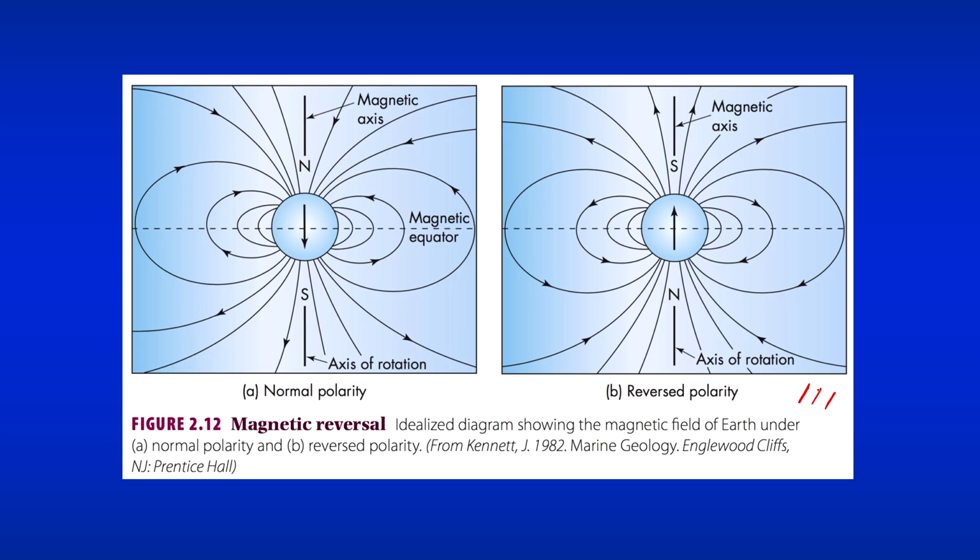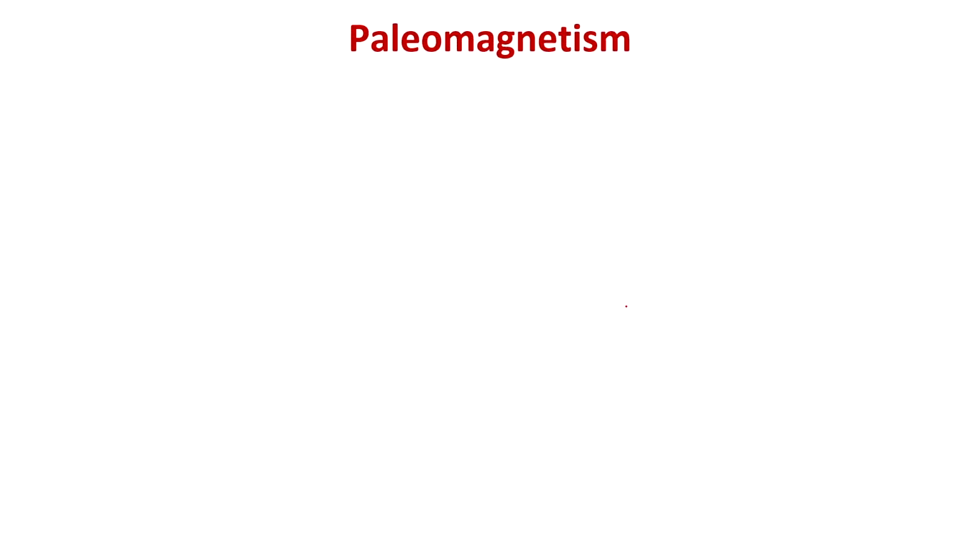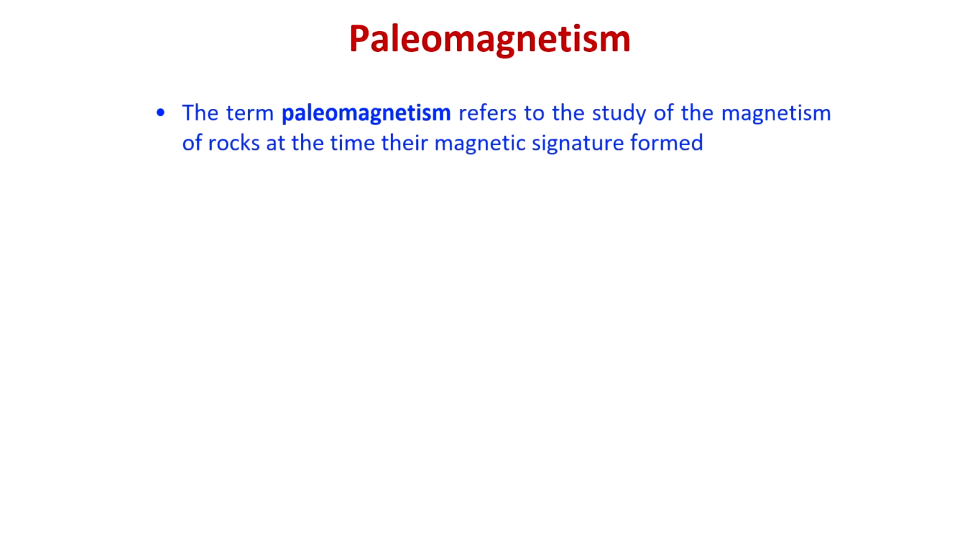If you have north and south as we have now, that is termed the normal polarity, and the reverse polarity is where the north becomes south and south becomes north. This has happened in the past, and that is what we call paleomagnetism. The term paleomagnetism refers to the study of the magnetism of rock at the time their magnetic signature formed.